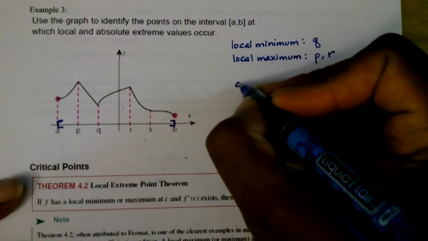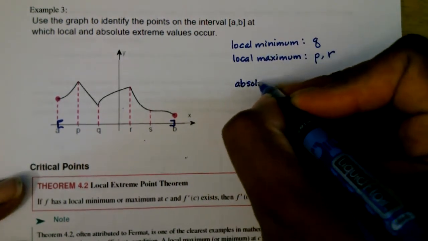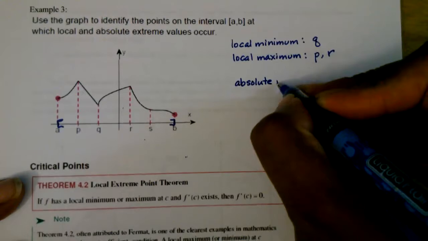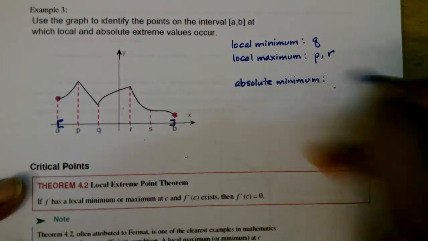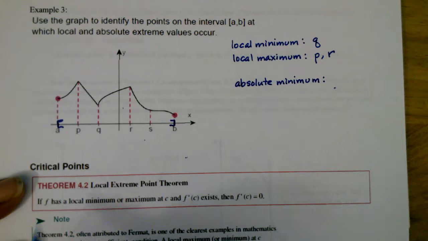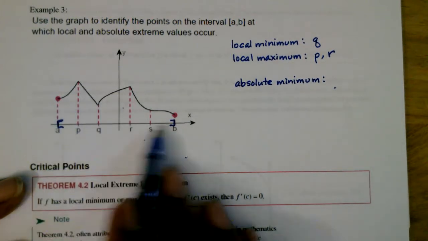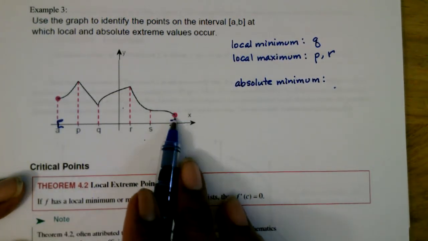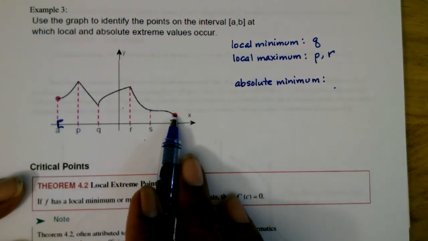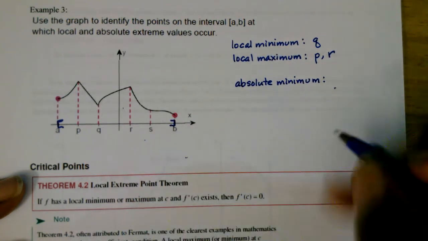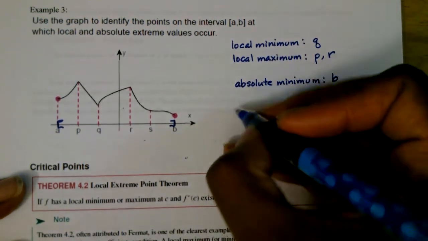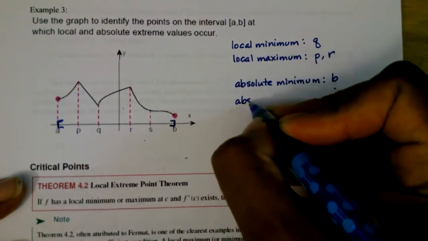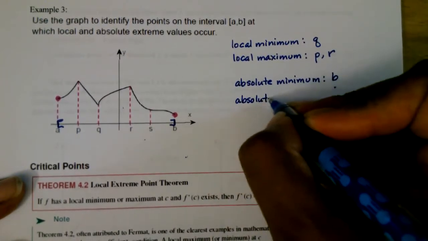Now for the absolute maximum and minimum. Well, let's start with the absolute minimum. The absolute minimum would be the absolute lowest point on the interval A to B. And in this case, that would be this point right here, and it occurs at x is equal to B. And now for the absolute maximum.